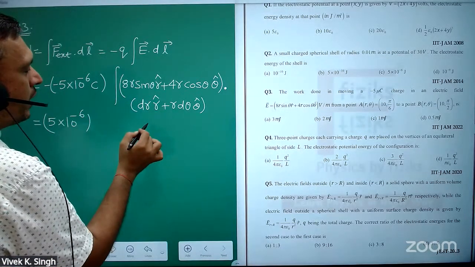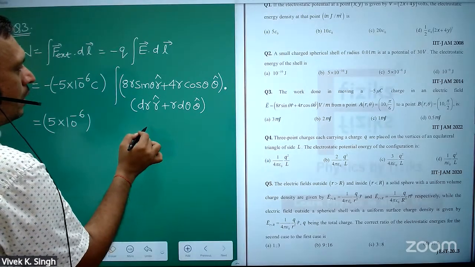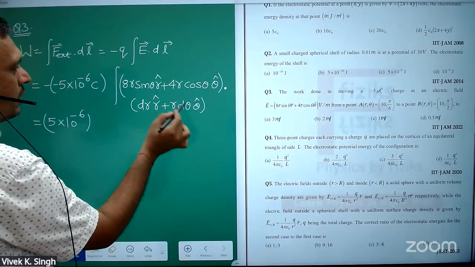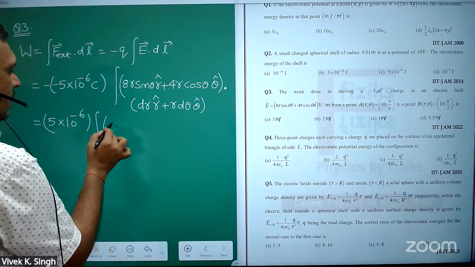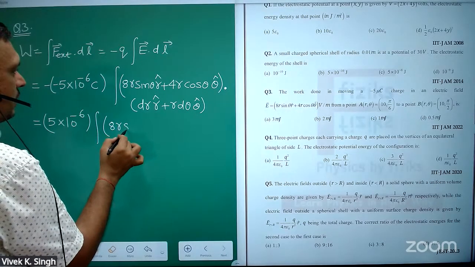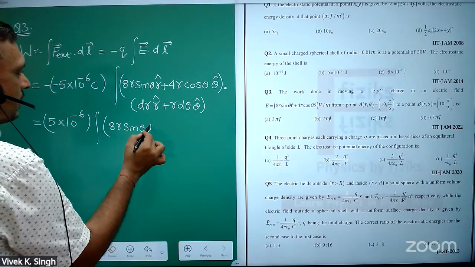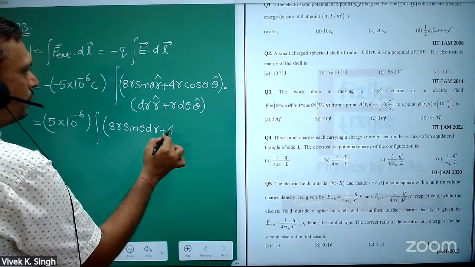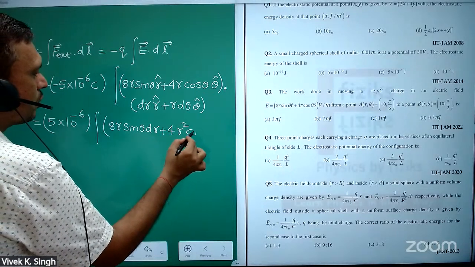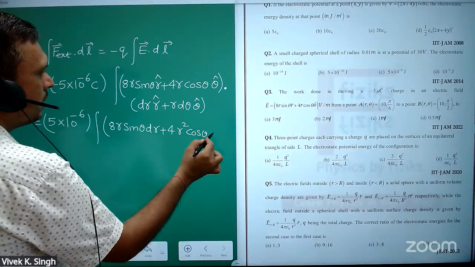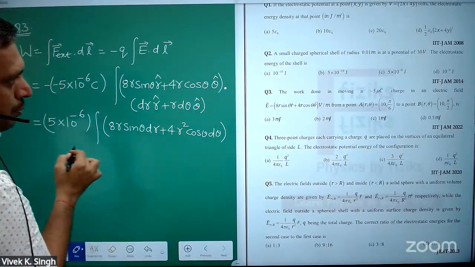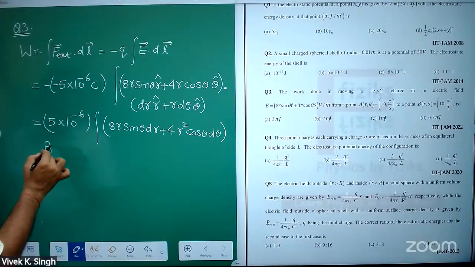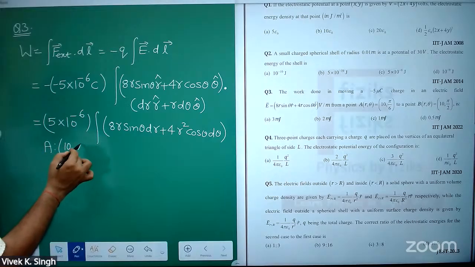r cap dot r cap is 1 and theta cap dot theta cap is 1, r cap dot theta cap is 0, theta cap dot r cap is 0. So you will get 8r sine theta dr plus 4r square cos theta d theta. Now from A to B, point A is what? 10 and pi by 6.